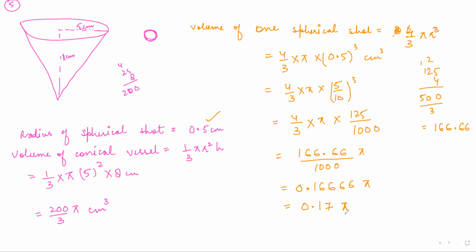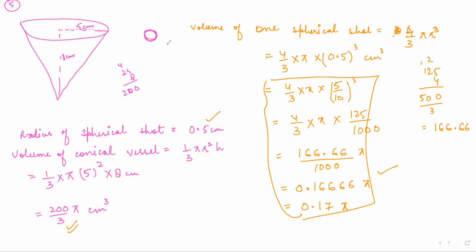Or you can do one thing here, because ultimately you can see you have 1/3 here in this case. So if you don't want to disturb this 3 of the denominator, you can do the calculation the other way also, right? How? Instead of this, which is also okay, you can do 0.5 into 0.5 into 0.5 and then multiply by 4, right?